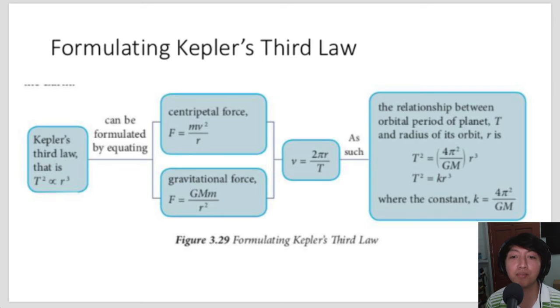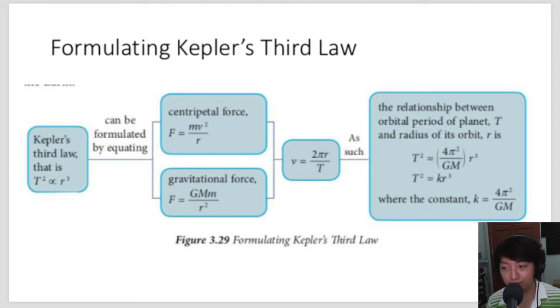This is the simplified version of everything that I just talked about. So when we combined these two formulas, centripetal force and gravitational force, with the formula for the velocity of the planet, you end up with this formula where there is a relationship between the orbital period, the time it takes for it to go around the sun, and the cube of the radius.